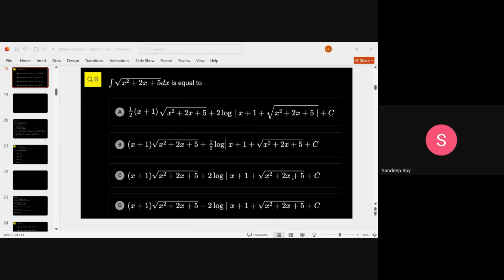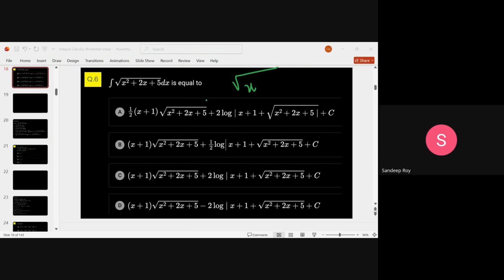You can split this 5 as 4 plus 1. Then you'll get x plus 1 whole square for the first 3 terms, plus 4, which you can write as 2 square. So you have to use this formula. This is an easy, direct question. You have to use the standard integration formula.